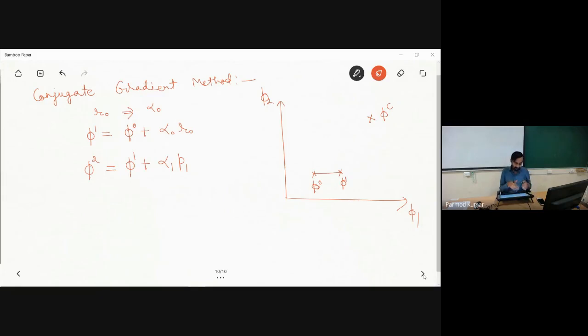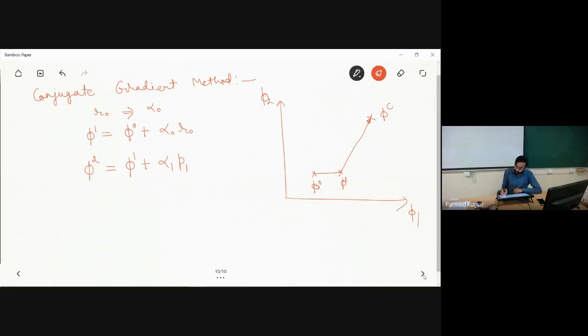This is my next point after the first iteration, where I now have the value of phi 1 known. After that, what we do in the conjugate gradient method is try to reach the converged solution in a single iteration only. If we attempt to reach the converged solution in a single iteration, I will try to move my solution along this particular direction.